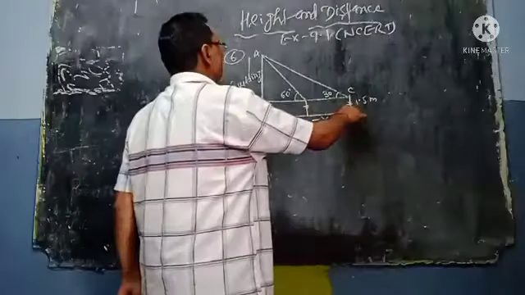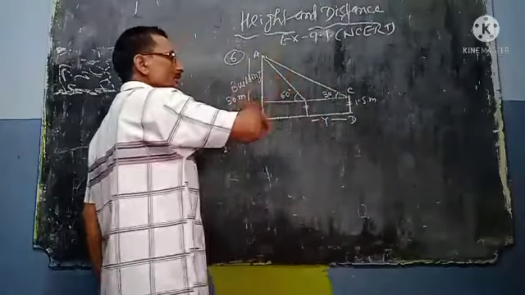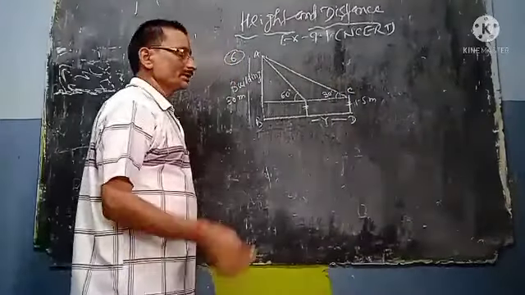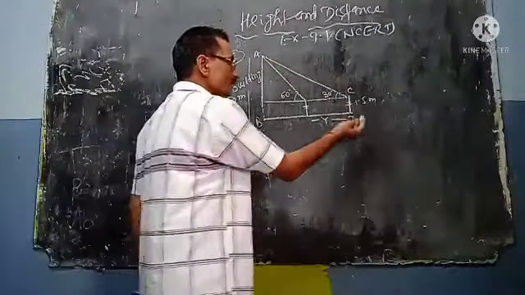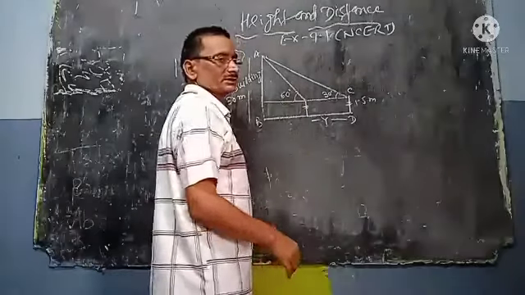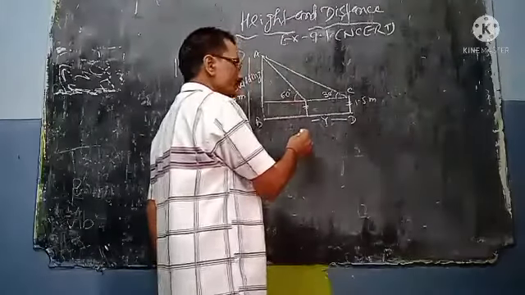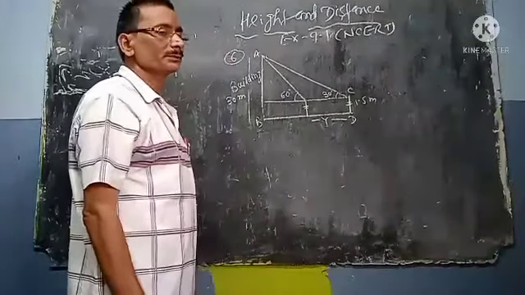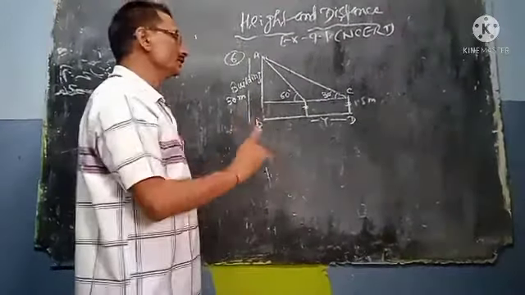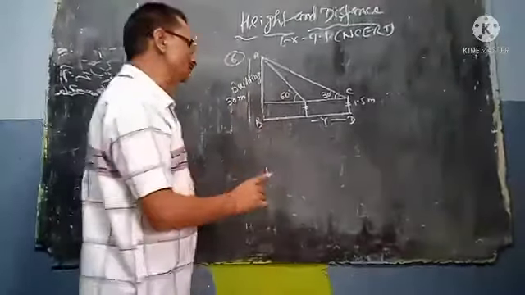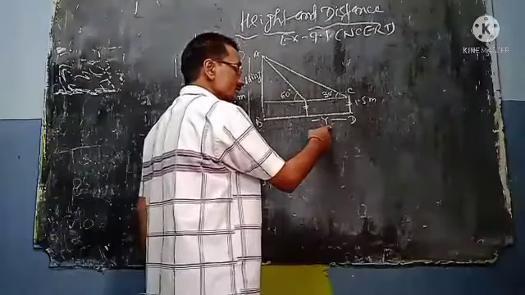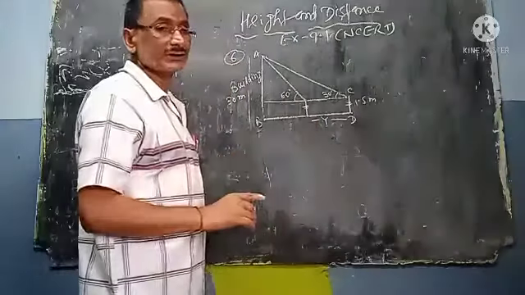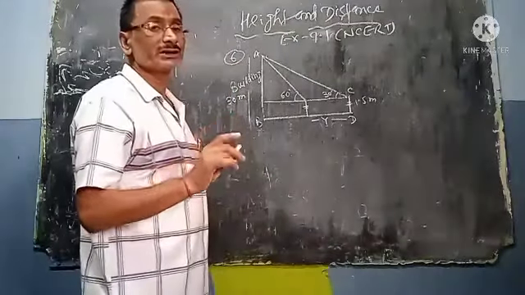She watches the top of the building and observes an angle of elevation of 30 degrees. Then she walks towards the building some distance, stops there, and again looks at the top of the building, and the angle of elevation increases from 30 to 60. So what distance did she walk for the angle of elevation to change?